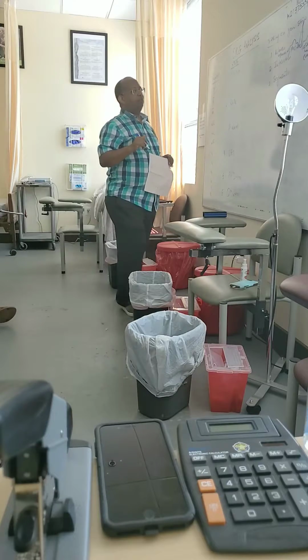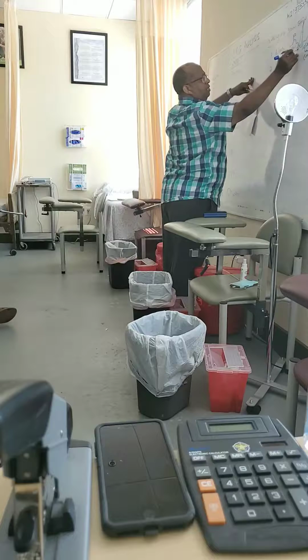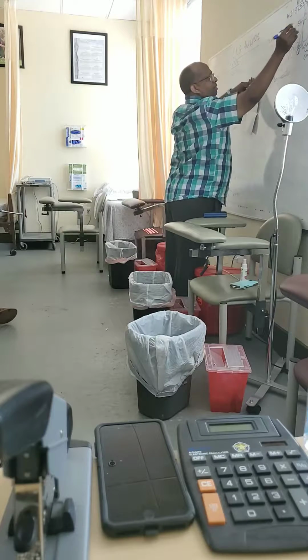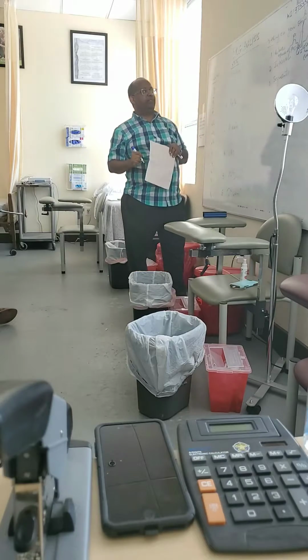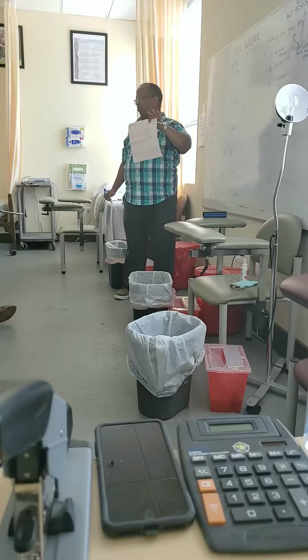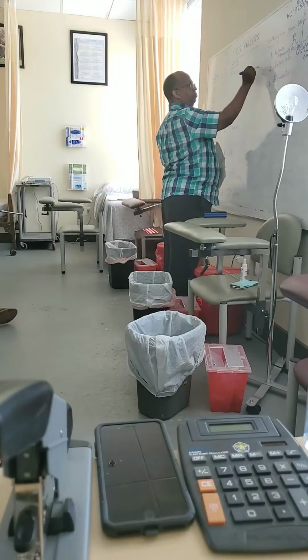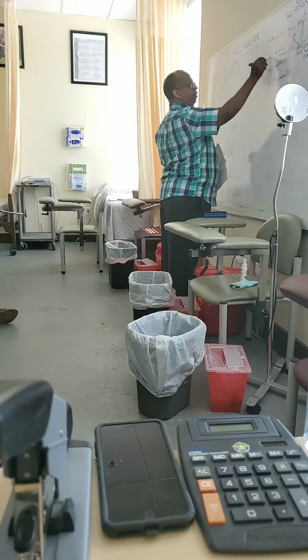Now the waves. We have the P wave here, this is the Q wave, this is R, this is S, this is T. Einthoven, the first one who gave these, gave five waves: P, Q, R, S, T. Sometimes we have a U wave.